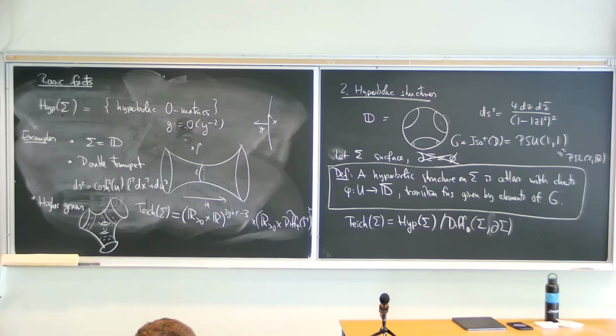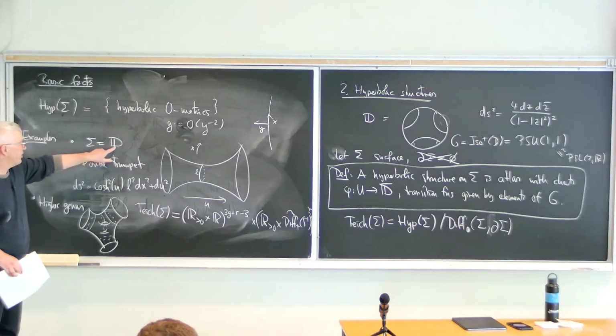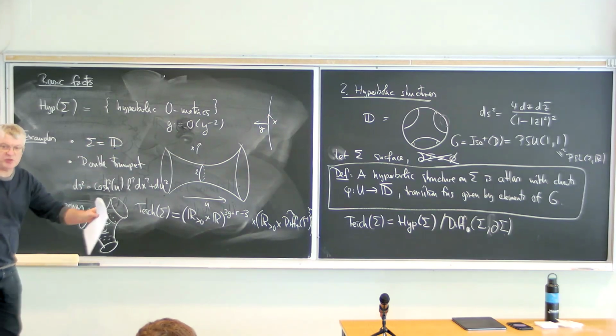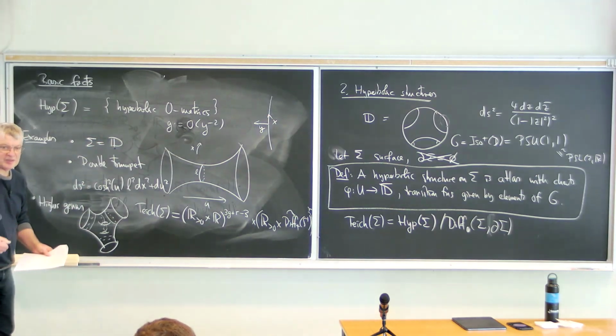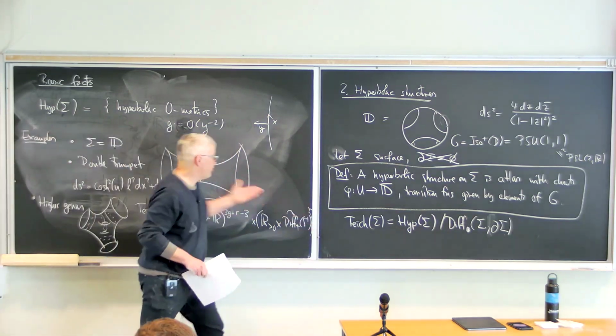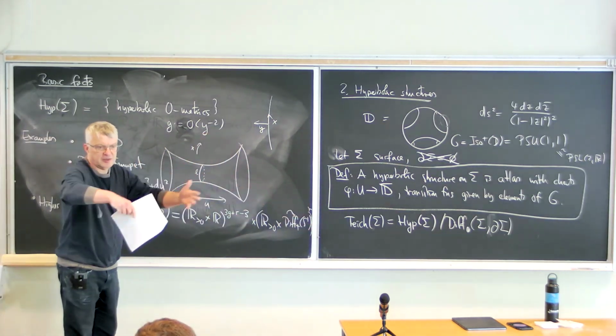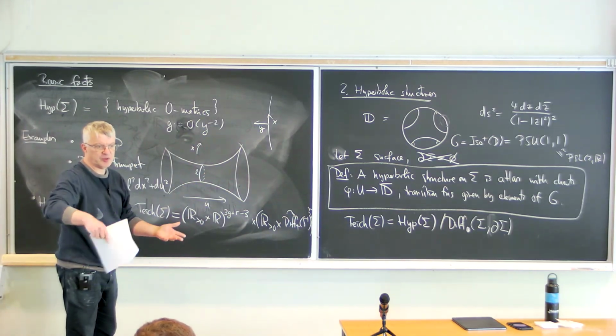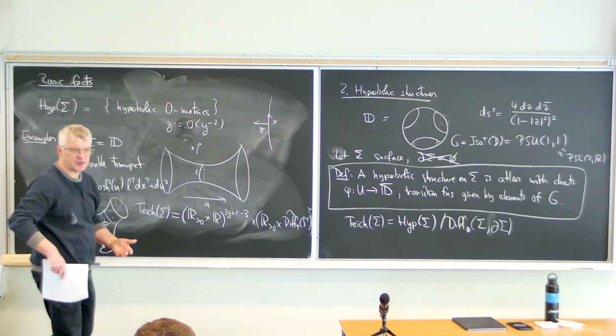Even here, of course, you can take the Poincare disk, but then you can act on the Poincare disk by some diffeomorphism to make a new metric. And so that's why the Teichmueller space is not just a point; it's going to be much larger, and actually ends up being a coadjoint orbit for the diffeomorphism group.